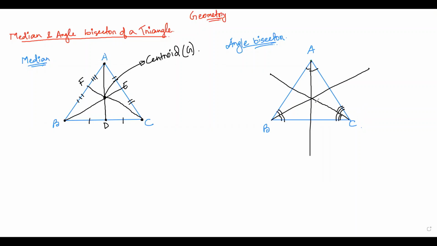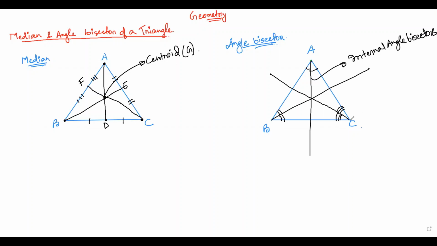Since these lines divide the internal angles of the triangle, they are termed as internal angle bisectors. In a similar way, the lines which divide the exterior angles of a triangle into two equal halves are said to be external angle bisectors.